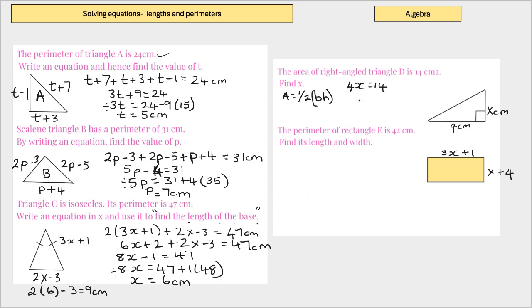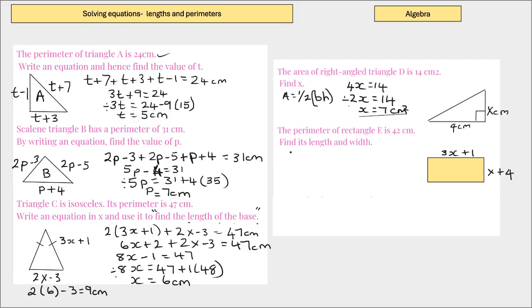Now I'm going to half this. That becomes 2x. And then I'm going to divide 2 into the 14, which gives us x equals 7. How easy was that? So you're only dealing with this on this side.